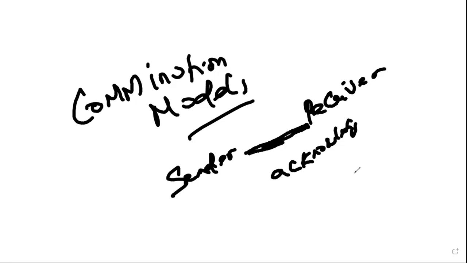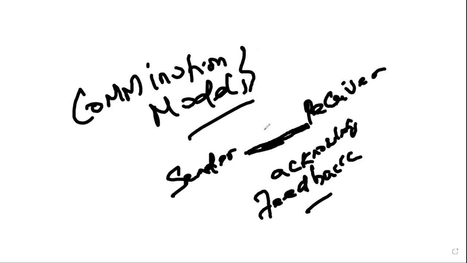But once the receiver sends a message back to the sender, now the receiver becomes the sender, and she will be asking, I'm not able to understand your message, can you just elaborate what message you sent? So she is able to give the feedback.